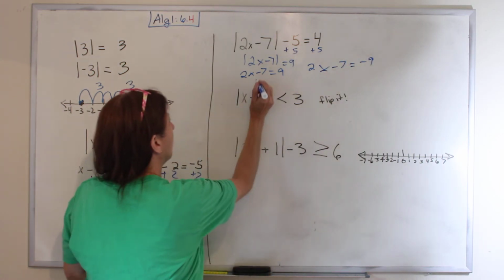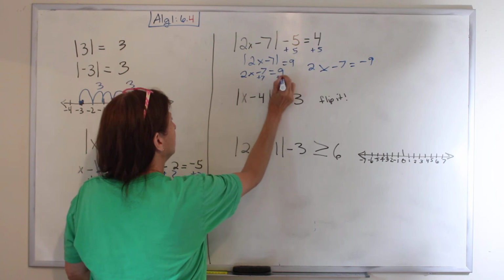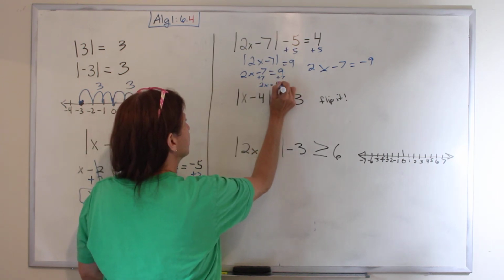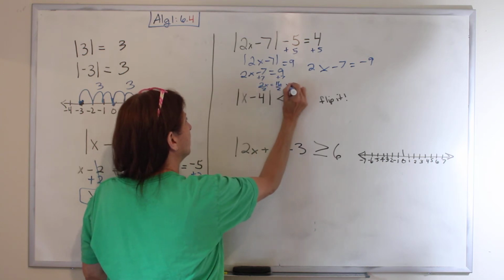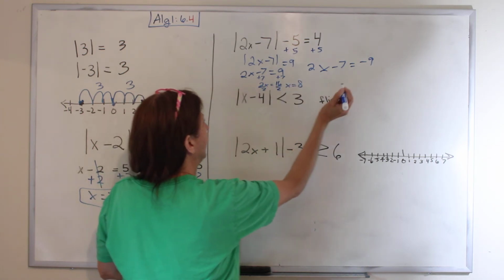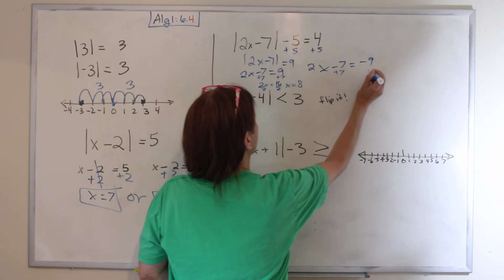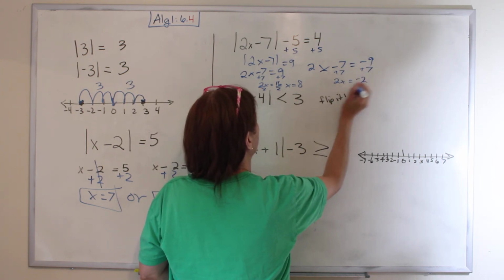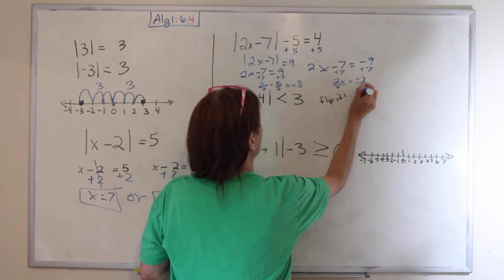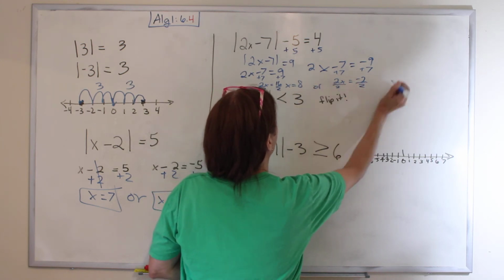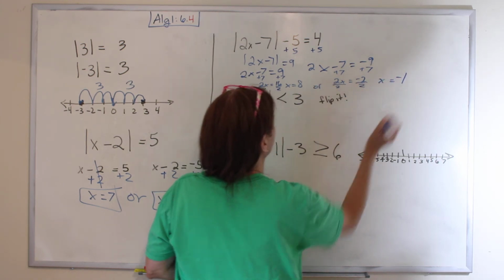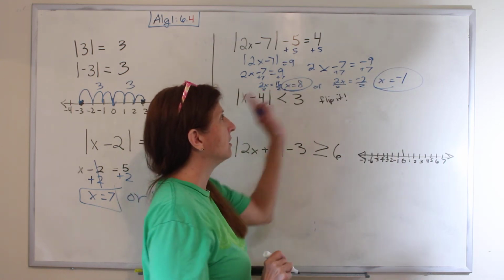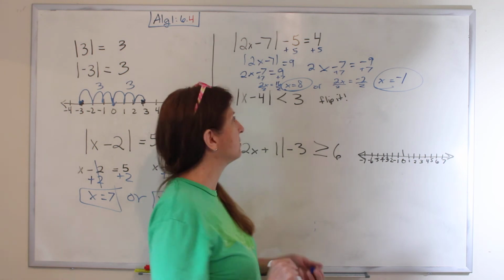I solve it twice. Plus 7, 2x equals 16, divide by 2, x equals 8. Plus 7, 2x equals negative 2, divided by 2, or x equals negative 1. So those are my two answers. Don't know which one it is. x is one of those two things.